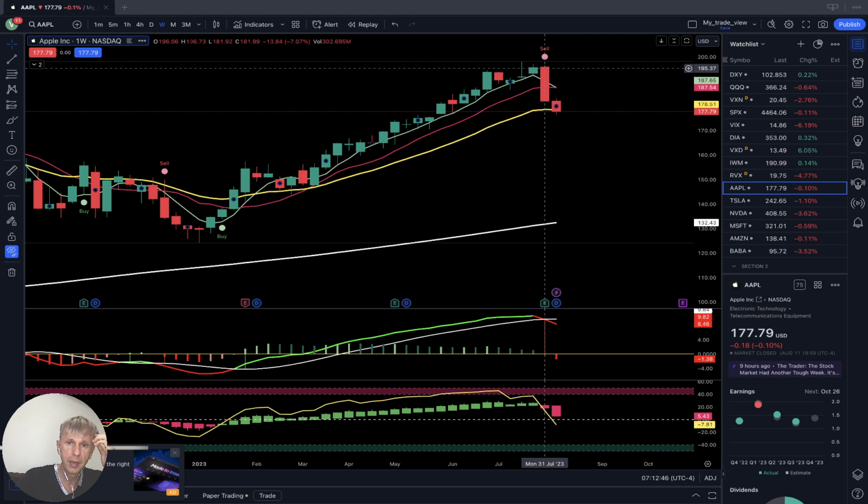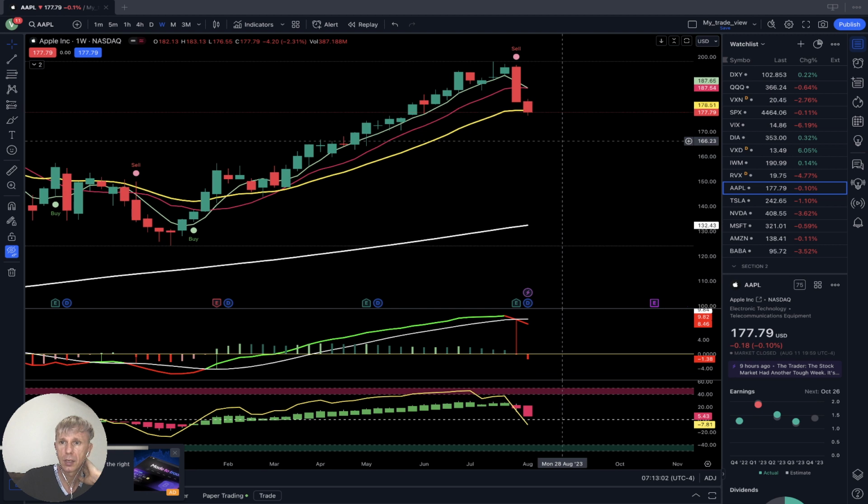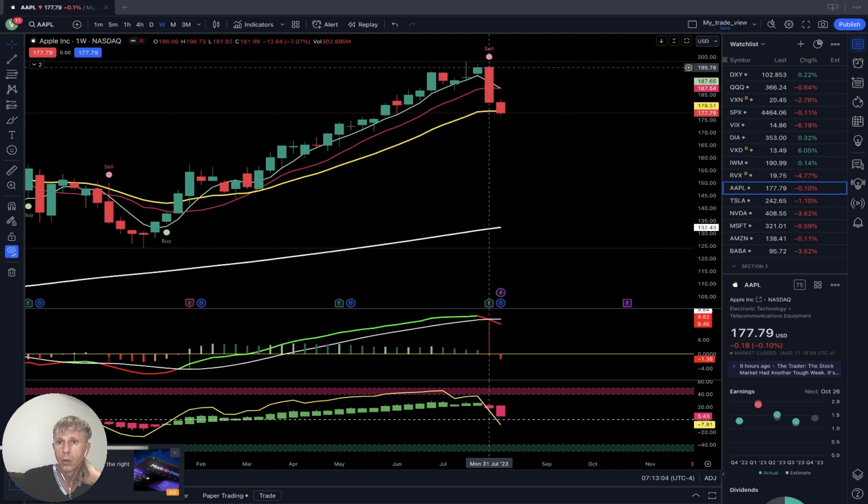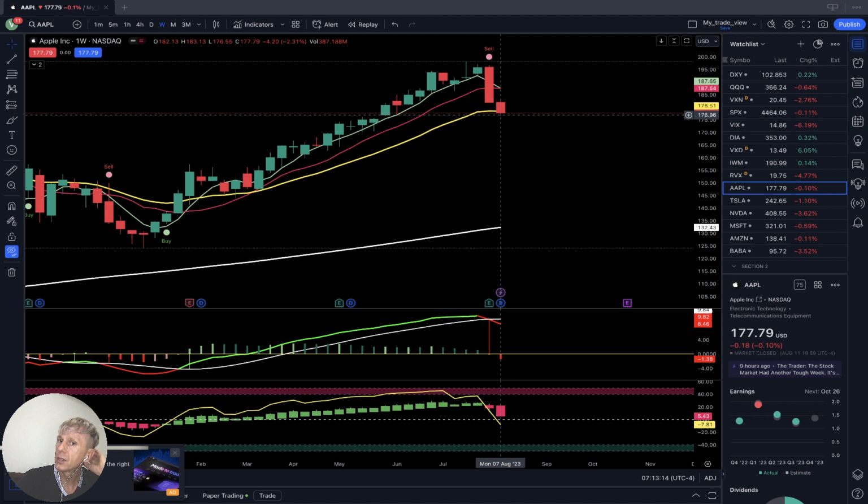1st, it did bearish reversal. First bar, first week minus 7%, second week minus 2.5%. It means total is almost 10% correction already on Apple. Almost 10%, right? It moved almost from the $200, 198 to 170.